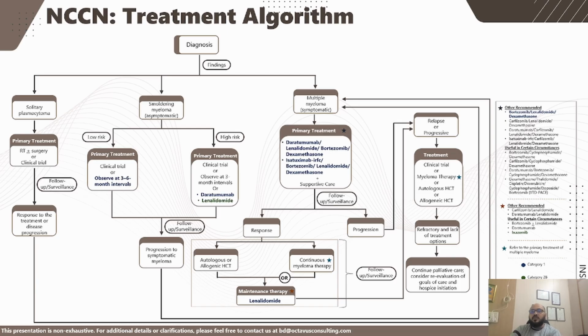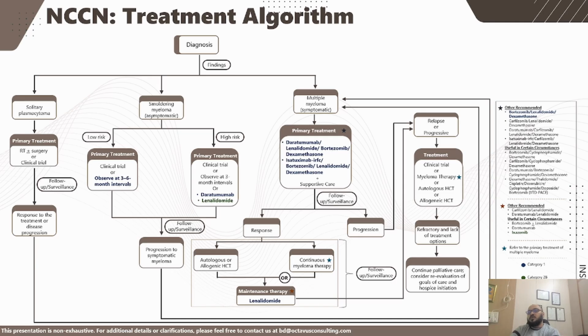But there are other standards of care, specifically in terms of high risk smoldering asymptomatic multiple myeloma. It's daratumumab and lenalidomide, right? So they are for high risk specific patients. Daratumumab, lenalidomide, bortezomib, and dexamethasone has again become a standard of care for first line, I would say, in patients, relapsed or refractory patients specifically.